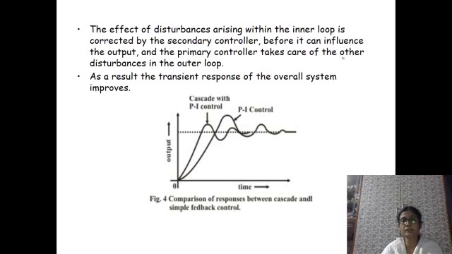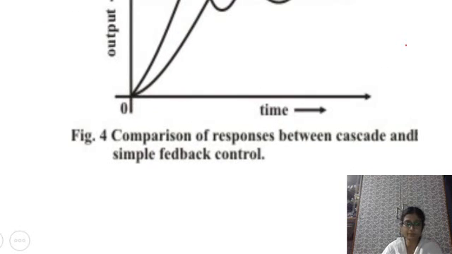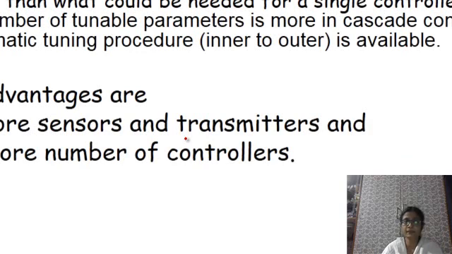The primary controller takes care of the other disturbances in the outer loop, and as a result the transient response of the overall system will improve. Say this is the normal PI controller response, and in the cascade PI controller response the oscillation is less compared to the normal feedback. That is a much smoother operation compared to feedback.